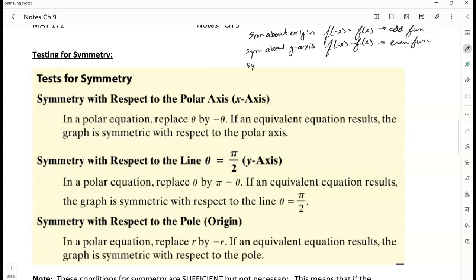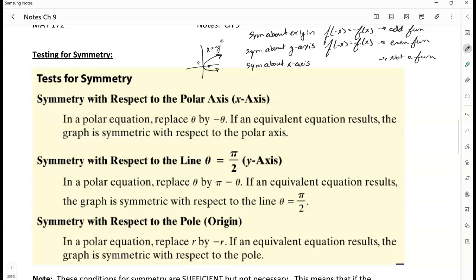And then if we had symmetry about the x-axis, that means we didn't have a function. Because remember, if you're symmetric about the x-axis, maybe something like this, x equals y squared, sideways parabola, that means that it doesn't pass the vertical line test, so it's not a function, but you still could have that kind of symmetry for something that's not a function.